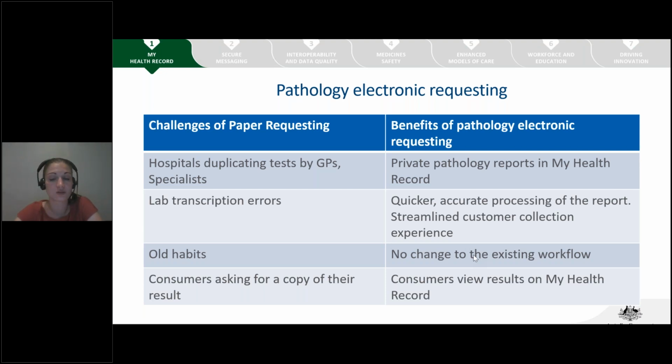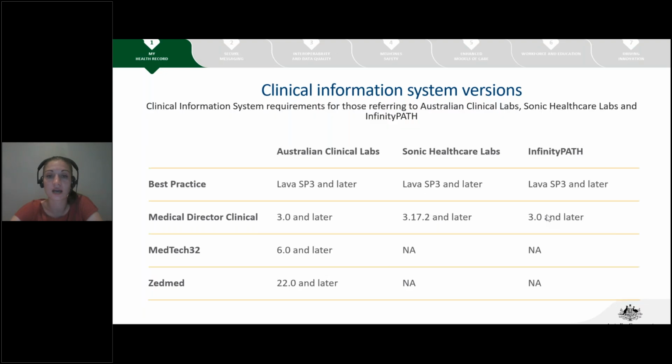So you still print out the piece of paper and you hand it over to the patient, but you just want to make sure that the barcode is present to make sure that the lab can process it. And basically that will enable our patients to be able to view their results in their My Health Record.